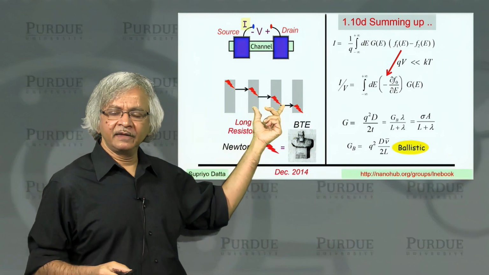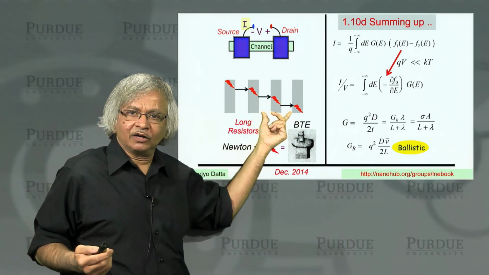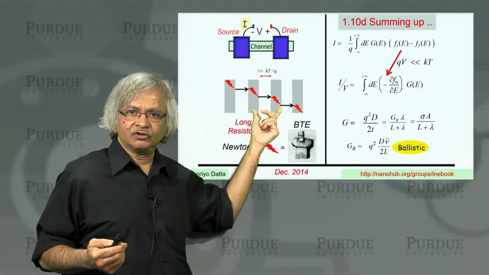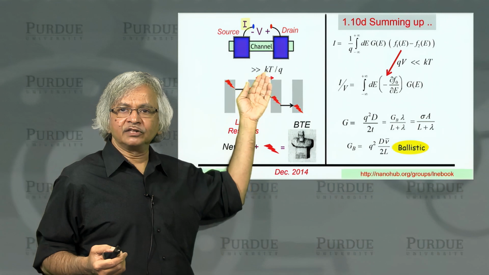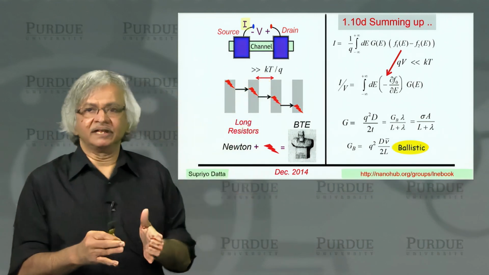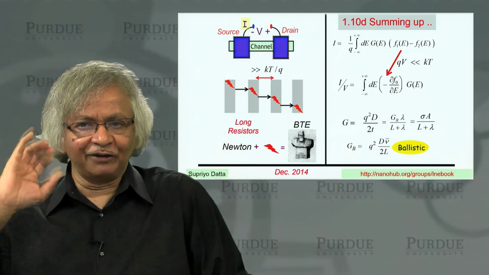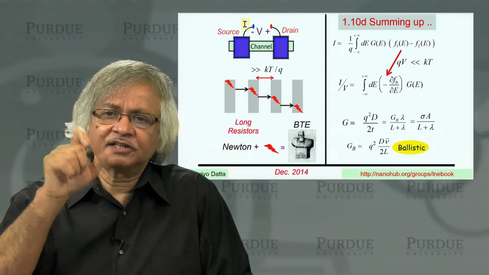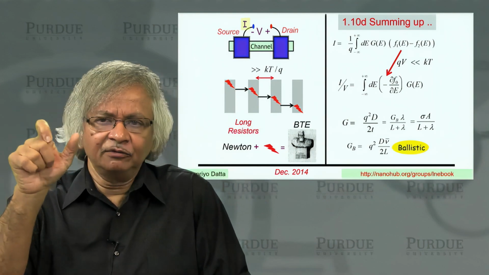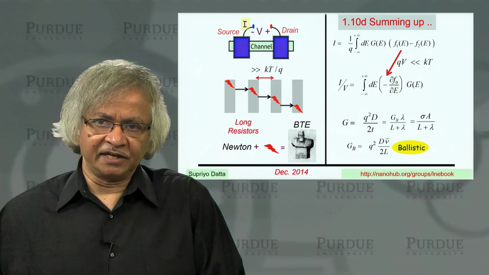And we are applying this theory to one of these short sections. So in order to be linear, the voltage drop across one of these short sections should be less than kT. So you shouldn't have more than 25 millivolts applied across a small section whose length is roughly how far an electron travels before it relaxes energy.